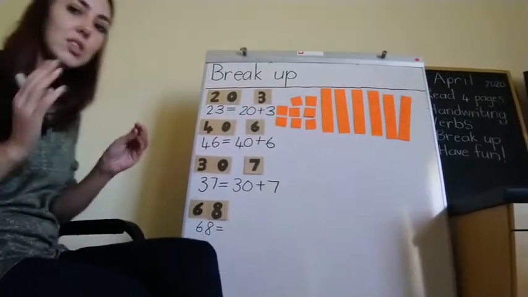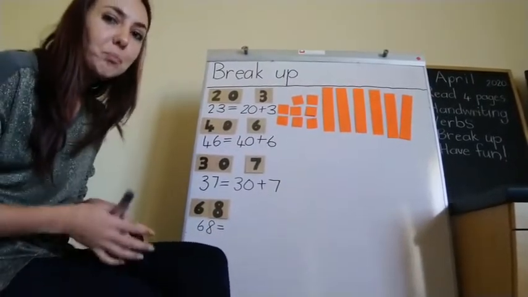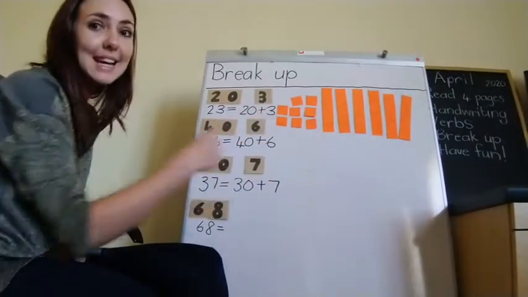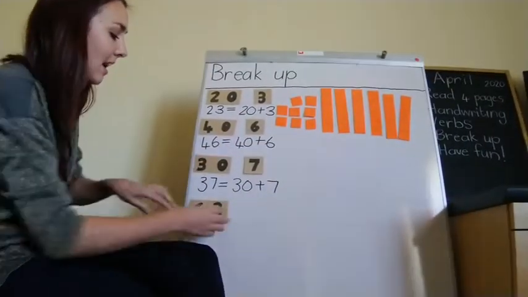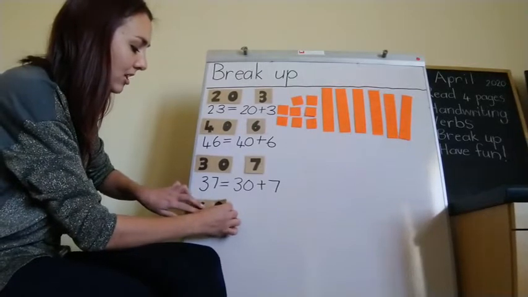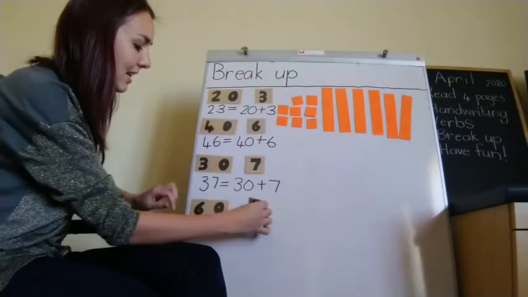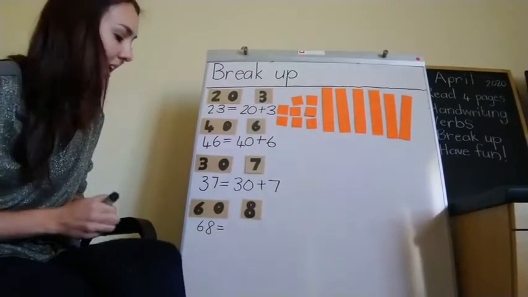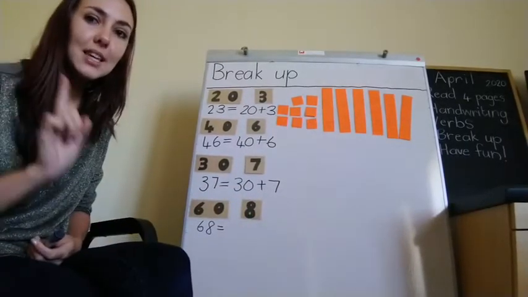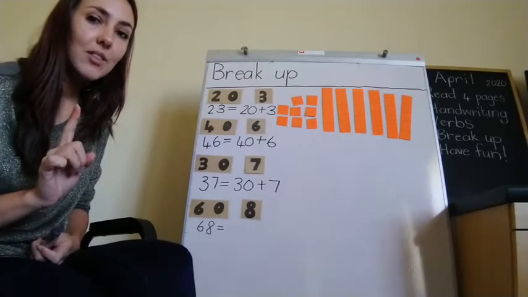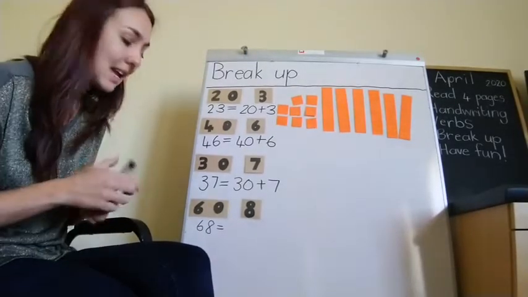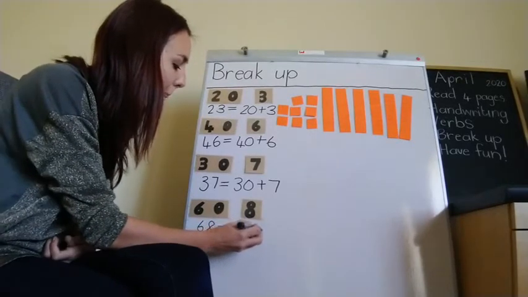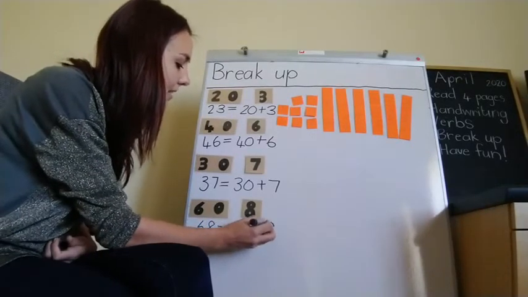Okay, so if you're using pegs and beans, you would have 6 pegs and 8 beans. Okay, I'm now going to spread my card. So 68 is made up of a 60 and an 8. And when I say the word 68, I can hear 60 and 8.